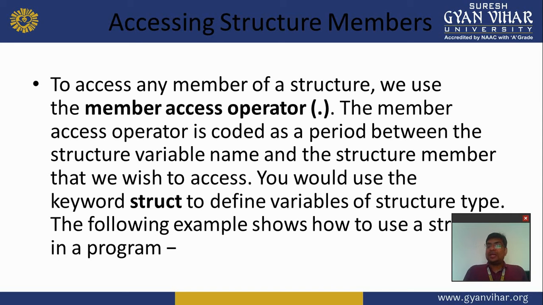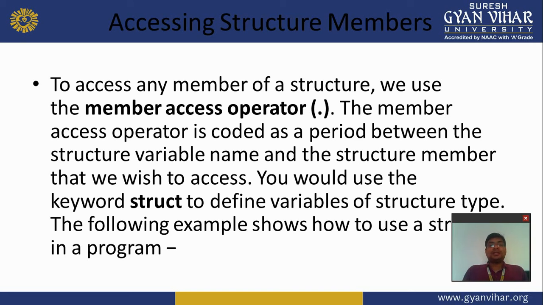Like that, we create the structure variables book1, book2, book3, up to book10. If you want to access the members of book1, then you write book1 dot id. It means that this id belongs to book1.